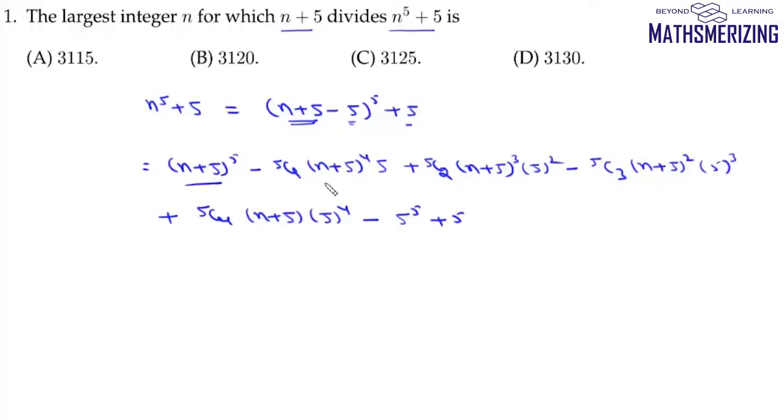Now since all these expressions contain n plus 5, they'll be divisible by n plus 5.